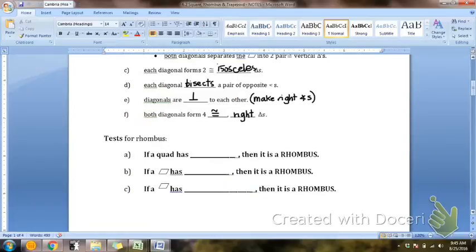All right, so if I ask you, is this a rhombus? You have to prove one of these 3 things. Remember, we've done this so far with parallelograms and rectangles. So you just need to choose one to prove. You don't have to show all 3, you just have to choose one of these.